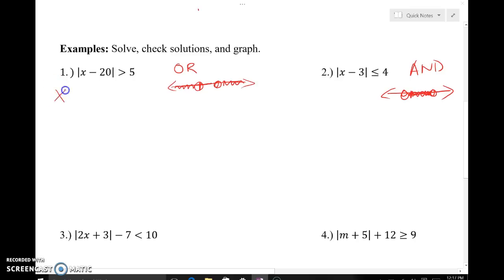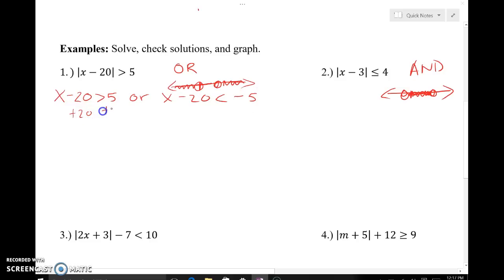So this is x minus 20 is greater than 5, or x minus 20 is, now switch your sign and then switch your sign. So that means less than negative 5. So notice that I've got greater than positive 5 and less than negative 5. So I'm going to the left and I'm going to the right.